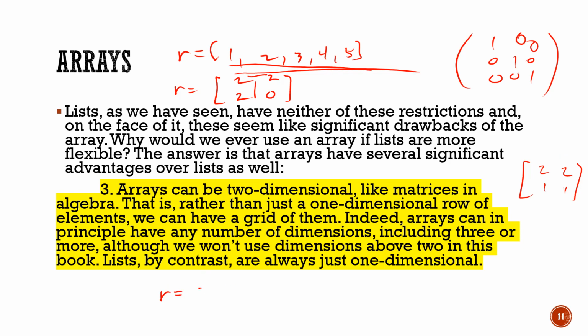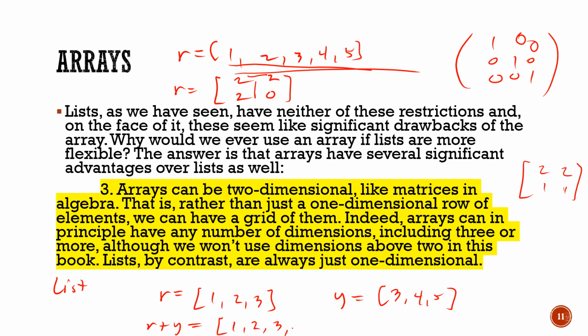For example, if I have a list 1 2 3 and y is 3 4 5, and you want to add r plus y, since they are lists, it will just concatenate the elements. But if they are arrays, then r plus y adds 1 plus 3, 2 plus 4, and 3 plus 5, giving 4, 6, and 8.